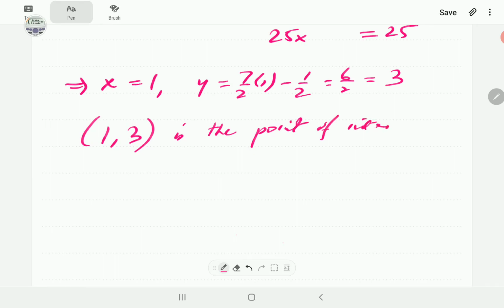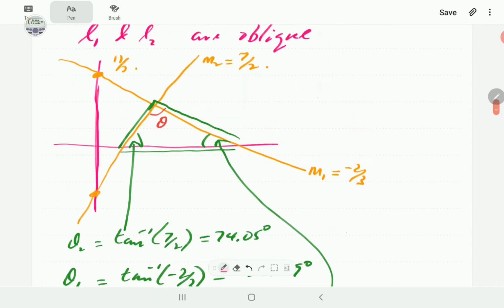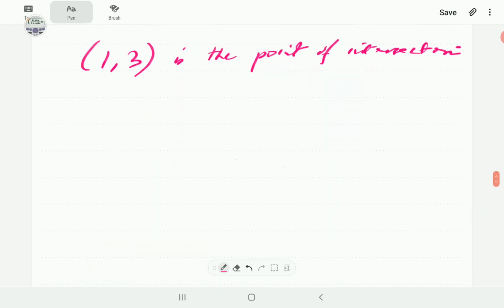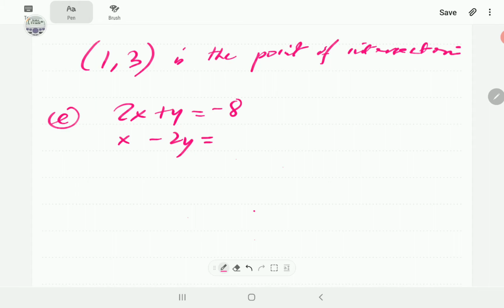All right, so that sorts out example number D. We're now going to go to E. In example number E, the two equations we have are 2x plus y equal to negative 8, x minus 2y equal to 7.